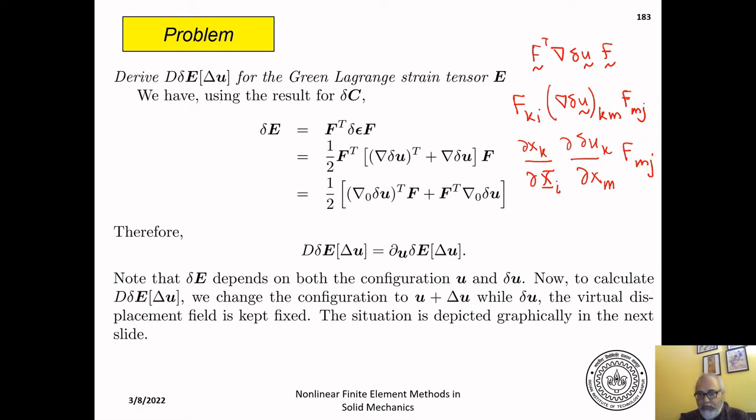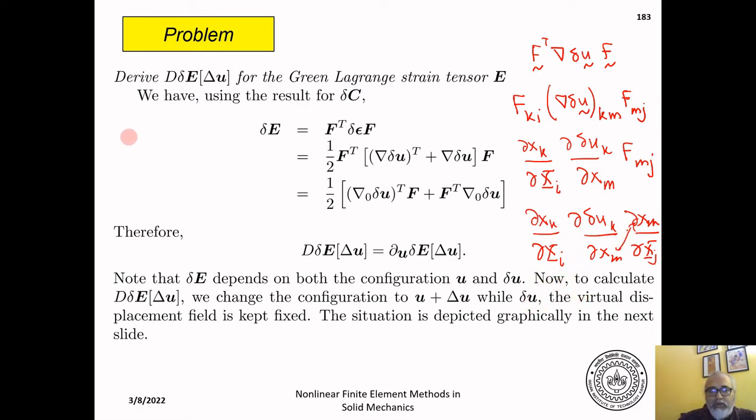So this is what we have, and then you will be left with ∂x_m/∂X_j. Again, this is the chain rule. You have the repeated index here.